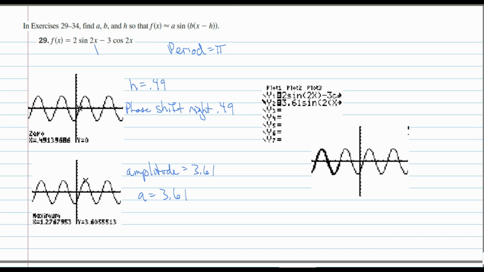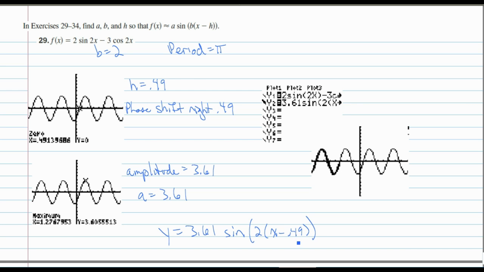So the b value equals 2. So my final sinusoid is going to be y equals the amplitude 3.61 times the sine of the b value times x minus the phase shift, 0.49, or the h value.